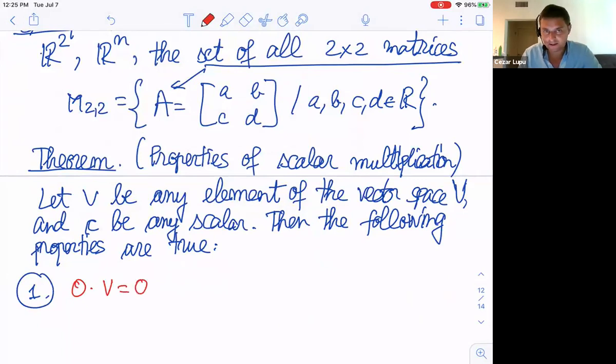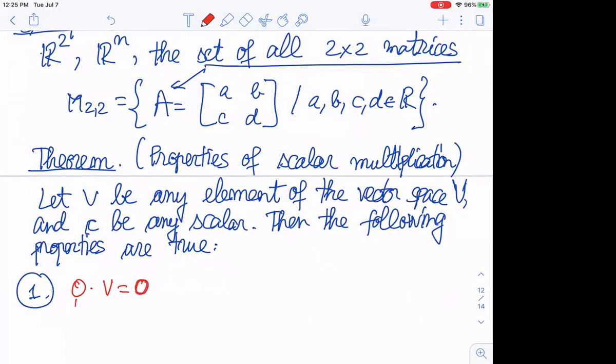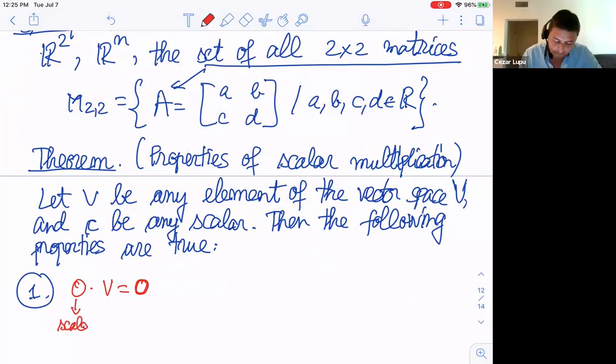Pay attention here, there is a difference between them. This is 0, the scalar. This is v, the vector. When you multiply a scalar by a vector, you obtain a vector. So 0, the scalar, times v will always be 0, the vector.